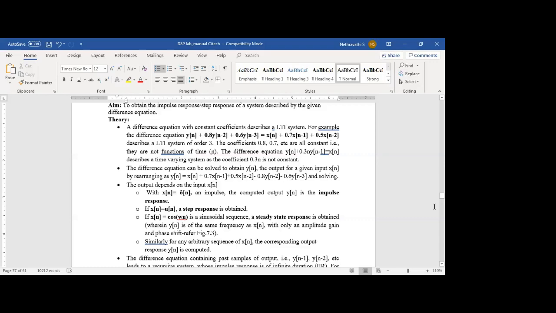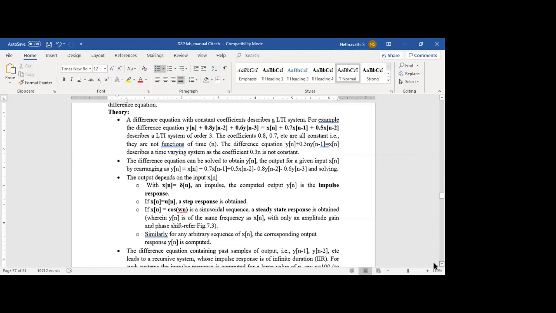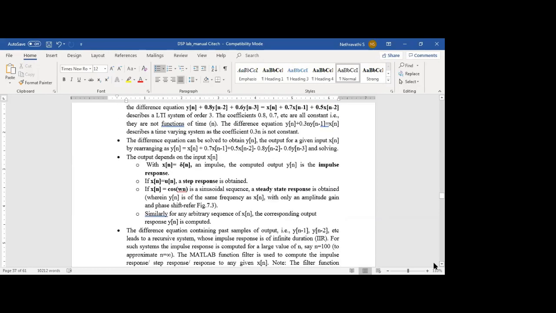That means we are taking the past samples of the output as well. So the difference equation contains past samples of the output sequence, y of n minus 1, y of n minus 2, y of n minus 3, and so on. If the difference equation comprises past output samples, then its impulse response is of infinite duration.